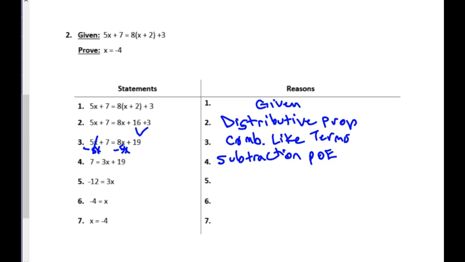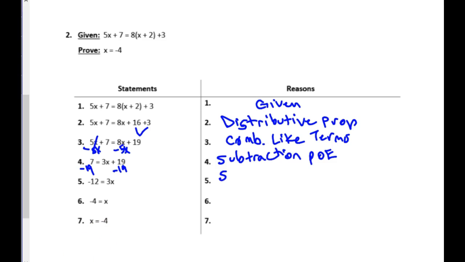From step 4 to step 5, what went away on the right-hand side? Not the 7, on the right-hand side. The 19 is gone because what happened? Subtraction, right? Right here. The 19 went away by subtracting 19. 7 minus 19 is negative 12.